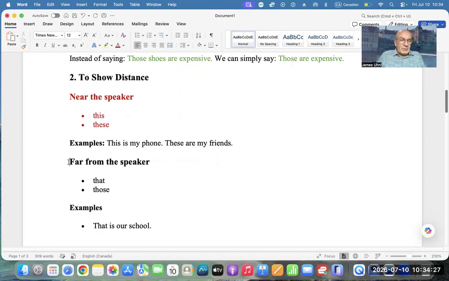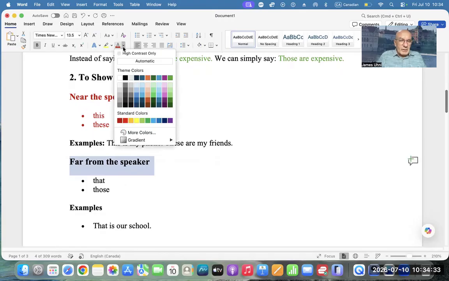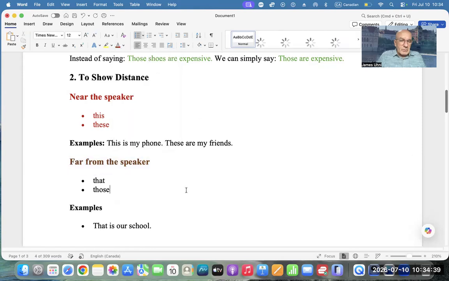Then we use far from the speaker, and that color I will put in, what color? Okay, different brown, because they belong to the same category, but they are slightly different. So this is brown as well.